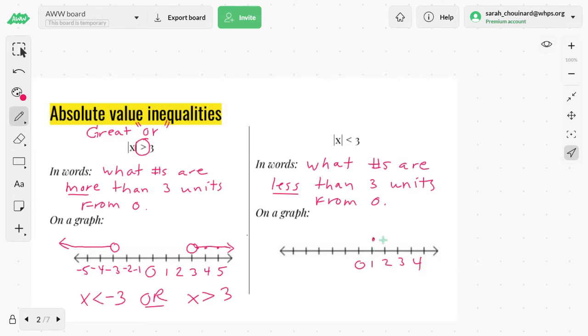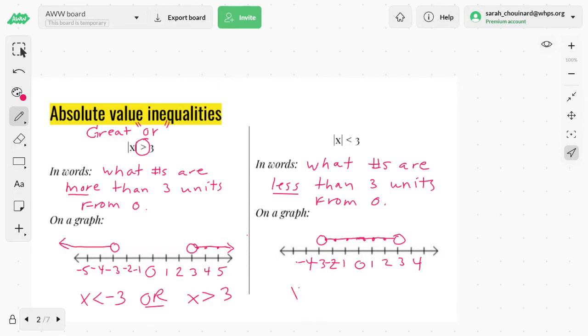So maybe 1, 2, a half. Anything that's below 3 on this side is going to be less than 3 units away. But same thing on the other side of 0. Anything that's at -1, -2, -2.5, anything that's above -3 is going to be less than 3 units from 0.